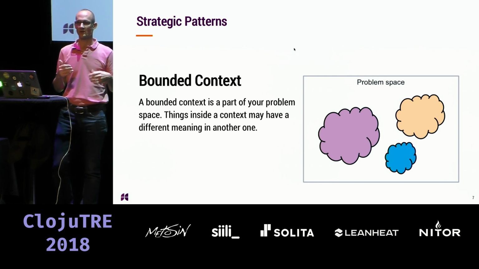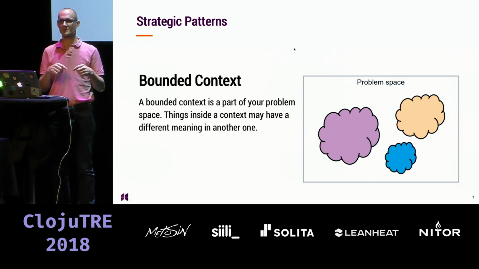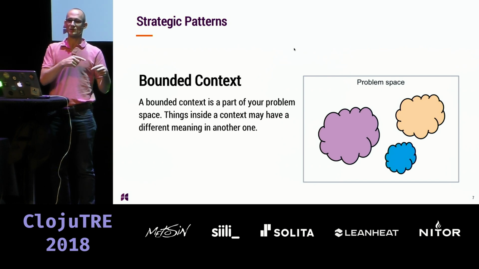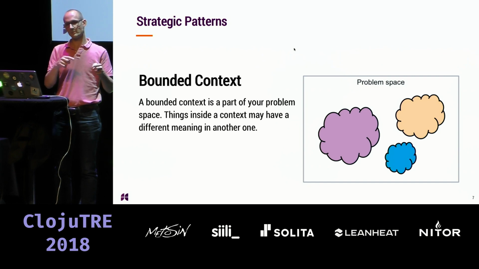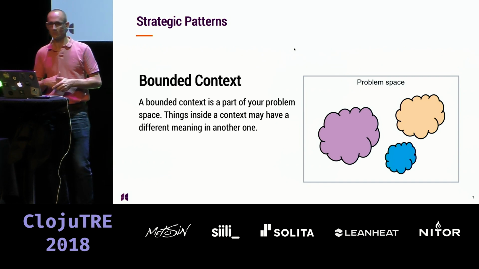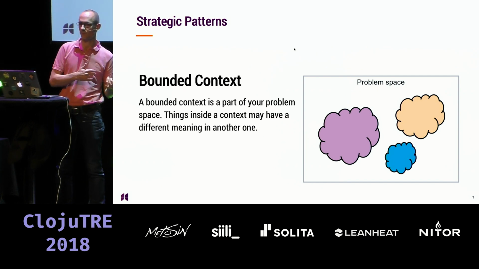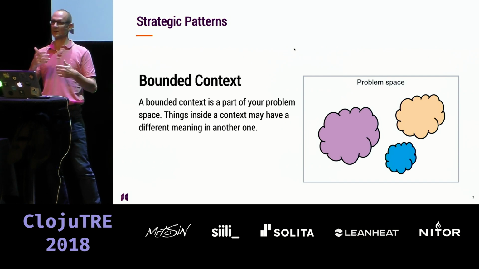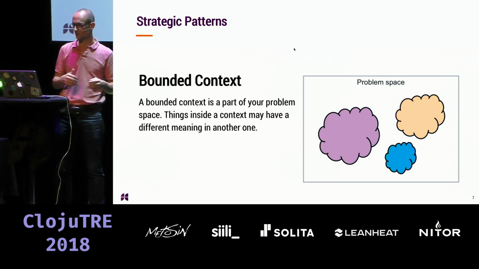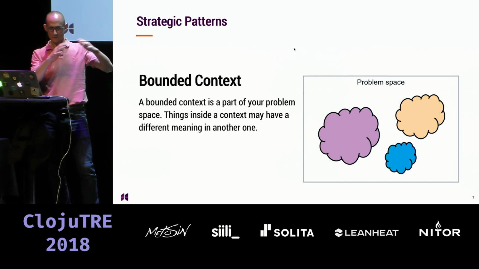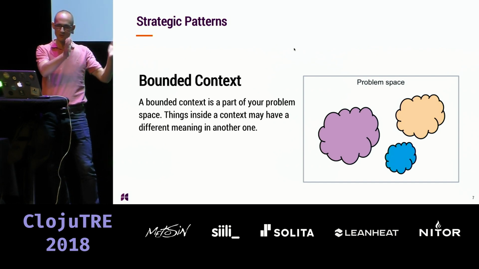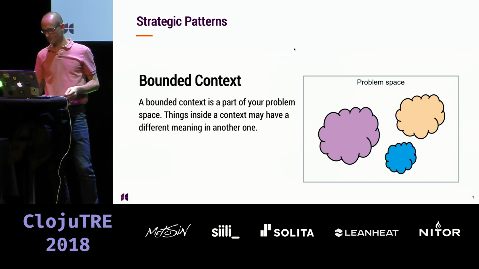Amazon doesn't think about you like, this customer has this address, etc. That will probably come later when you are at the checkout level. First, it's more like what you like, what you have bought before, so we can maybe make some recommendations for you. That means at Amazon, you will have a search or browsing bounded context, and then later on the checkout or basket context.